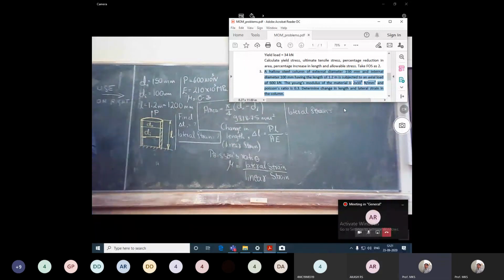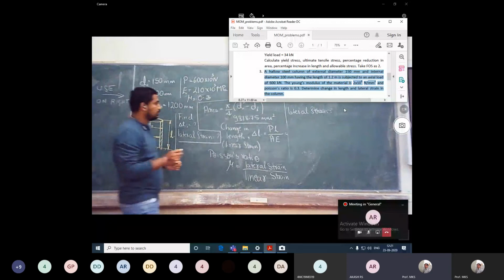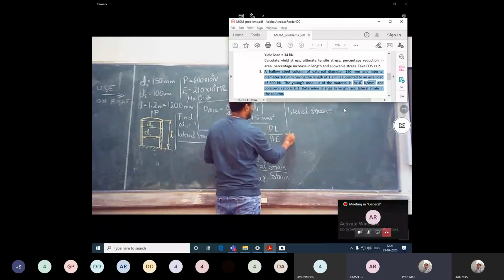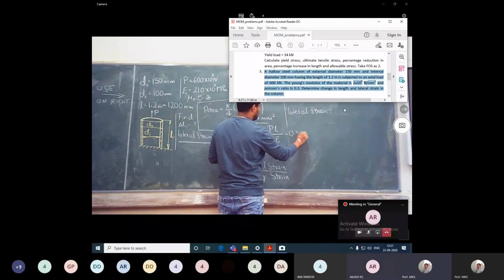You will get something in point something. 0.3666 millimeter. It should be in millimeter, the unit of change in length.